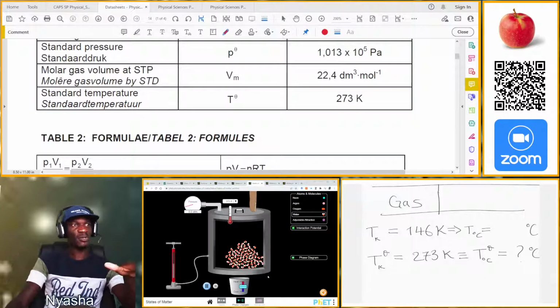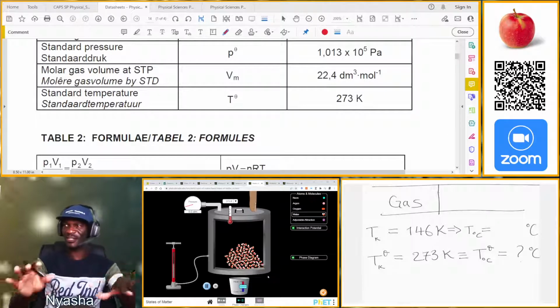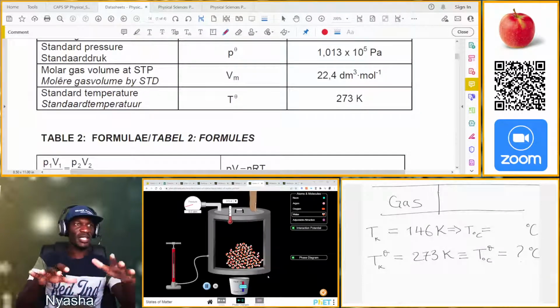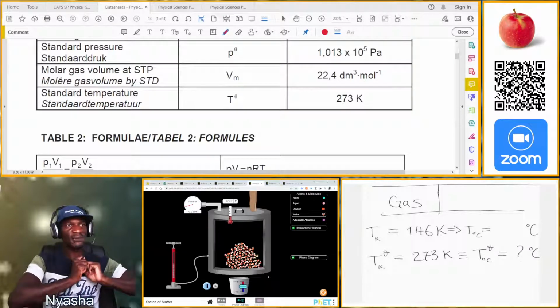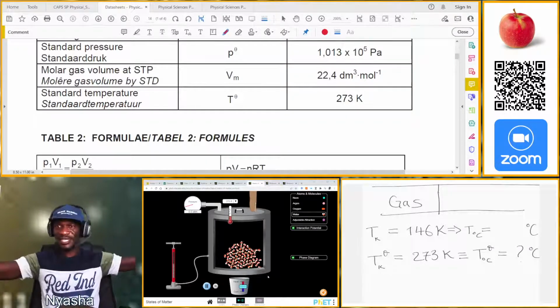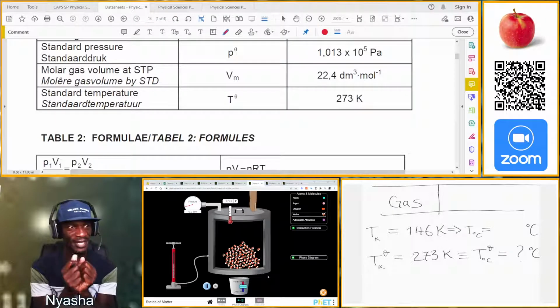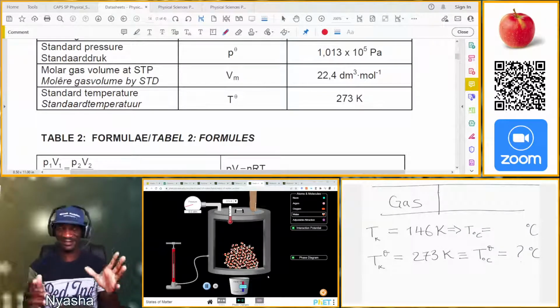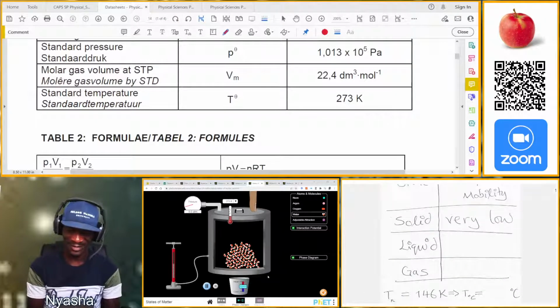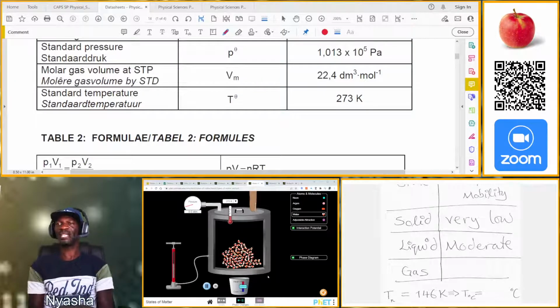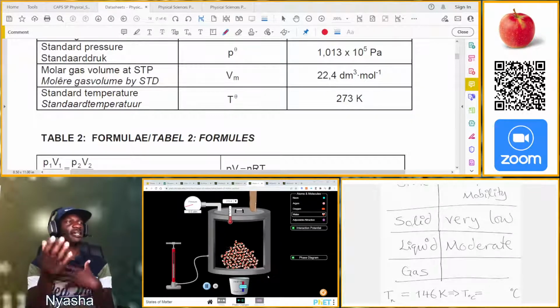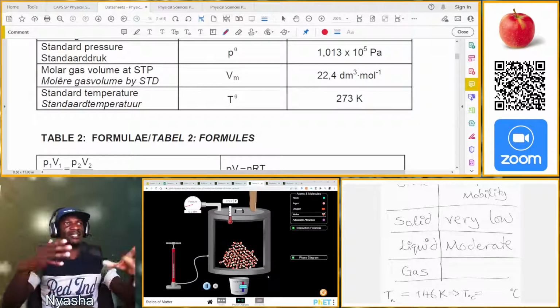And as you can see, the water molecules are still bound together. They are not completely dissociating, but they are more mobile, so we can say moderate mobility. The molecules are moving around, isn't it?